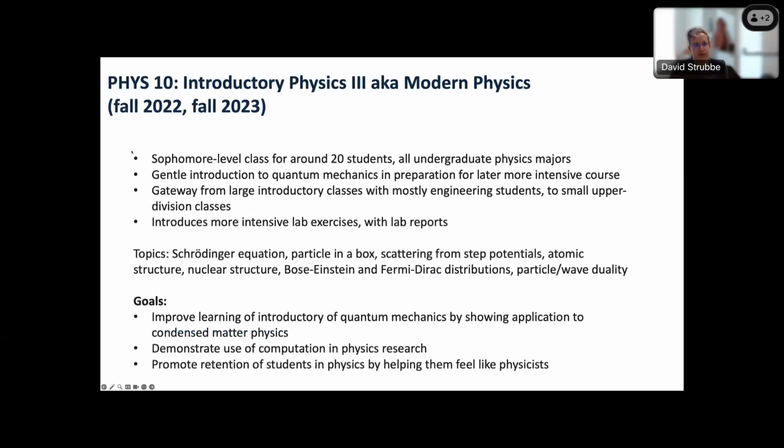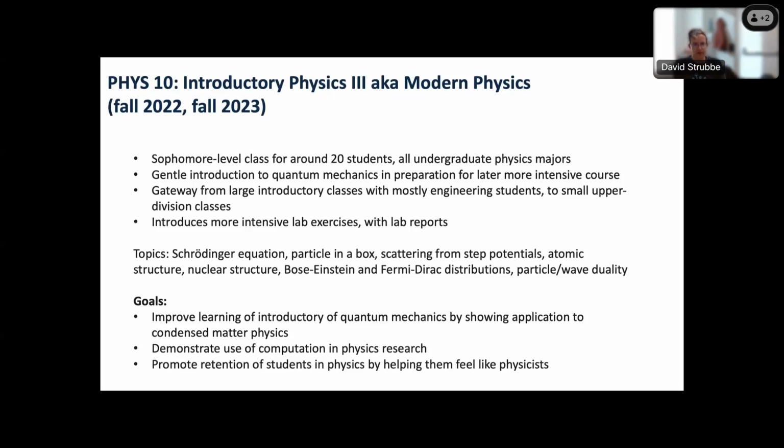This class is for sophomores, the second year, for about 20 students, and this is for the undergraduate physics majors. Introductory Physics 1 and 2 is taken by basically all science and engineering majors, but this class is where the physics majors now are taking a class that is really focused for them.